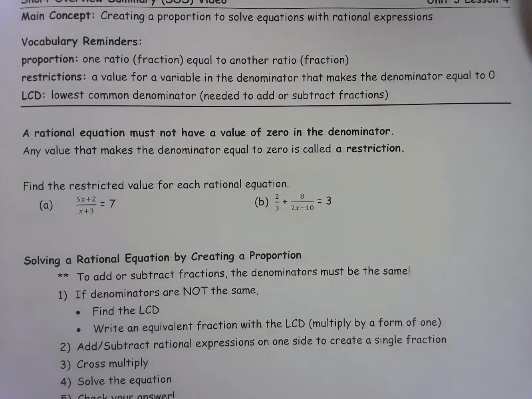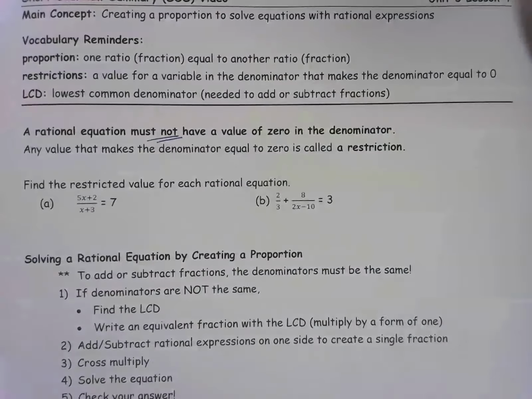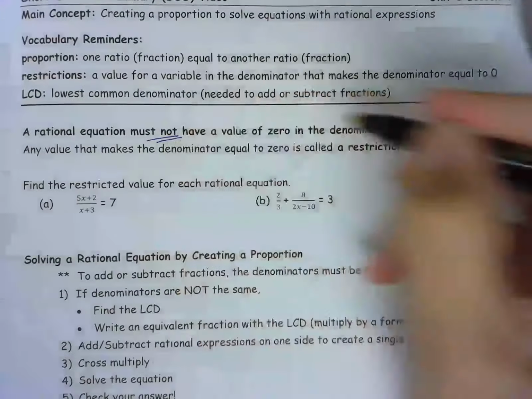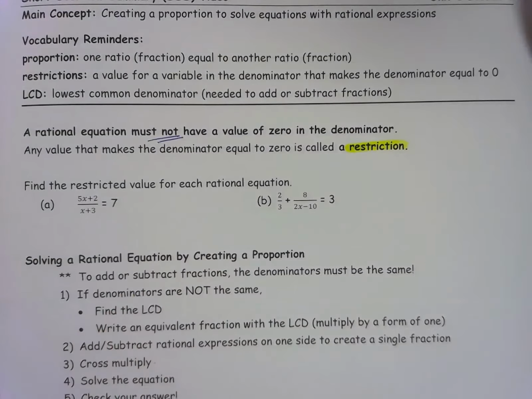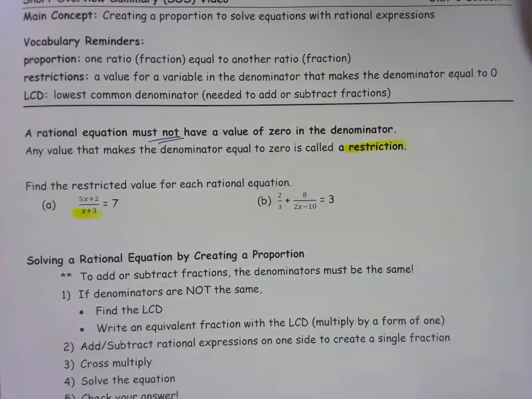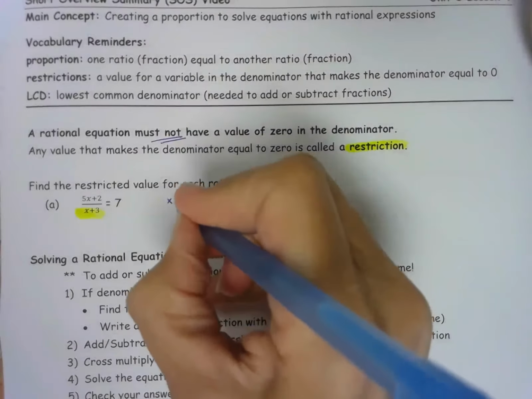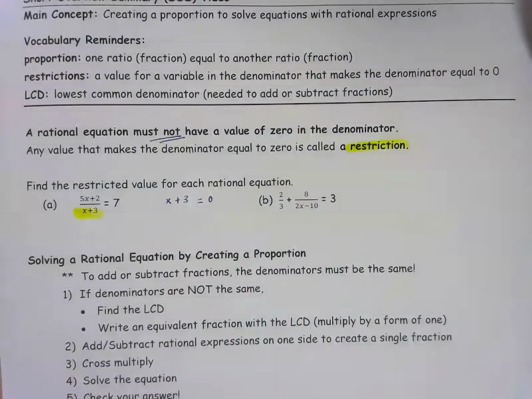So a rational equation must not have a value of 0 in the denominator. Any value that makes the denominator equal to 0 is called a restriction. So we are asked to find the restricted value for each rational equation. The only thing I'm going to look at is the denominator, and I'm going to say what value for x would make this whole denominator equal to 0.